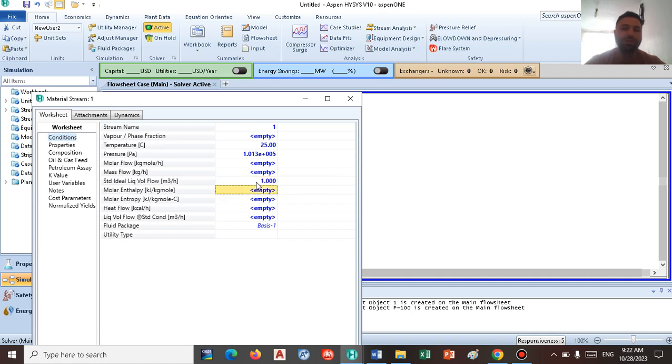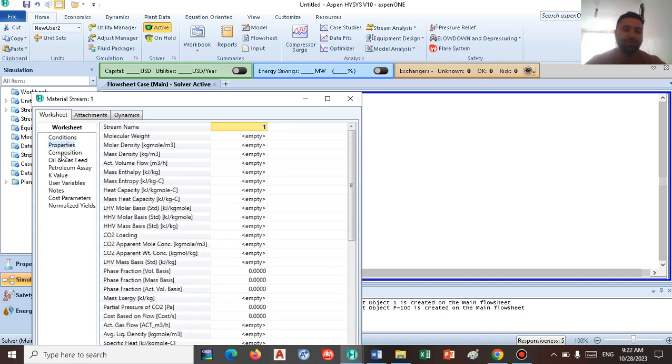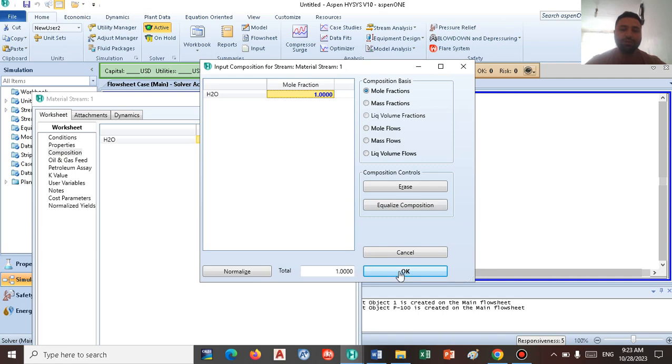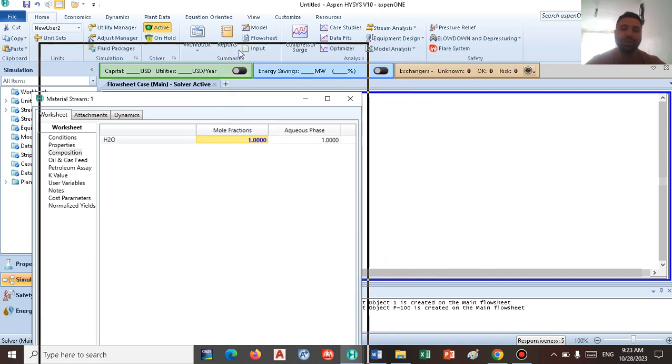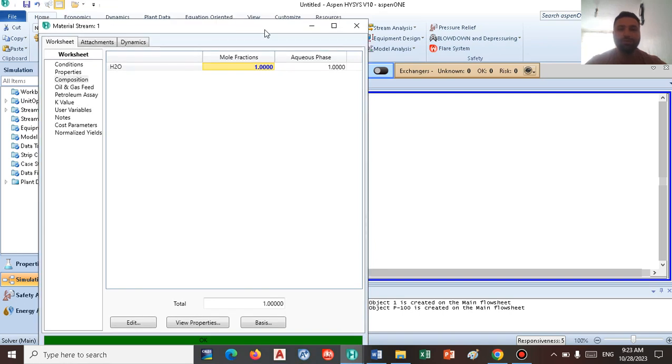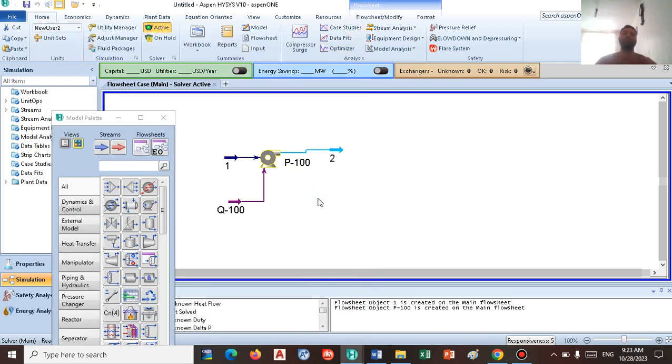Insert 1 for the standard ideal liquid volume flow with the unit of cubic meters per hour. Go to the composition and insert 1, because water is the only component that we have. The green tab shows your stream is correctly defined.